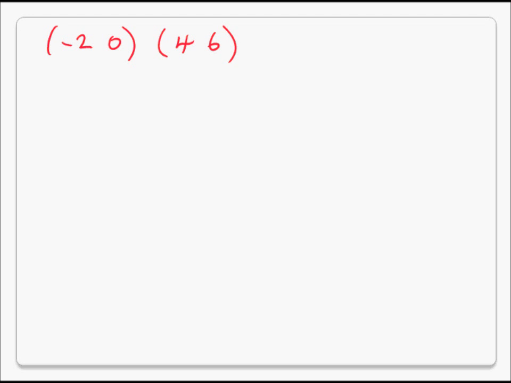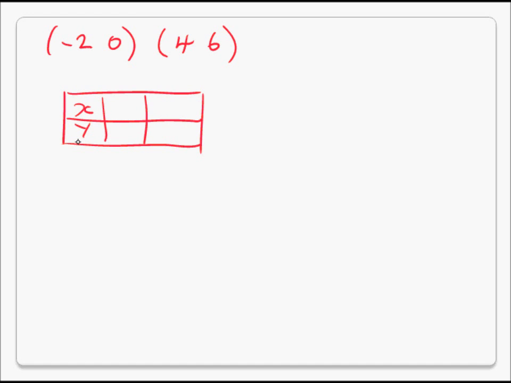If I want to draw a little table of values, I can go across the page, or I can go down, but I'm going to go across for now. Put in my values, -2, 0, 4, 6. This number here has gone across, because x is the x-axis going across. It's gone across 6 places.